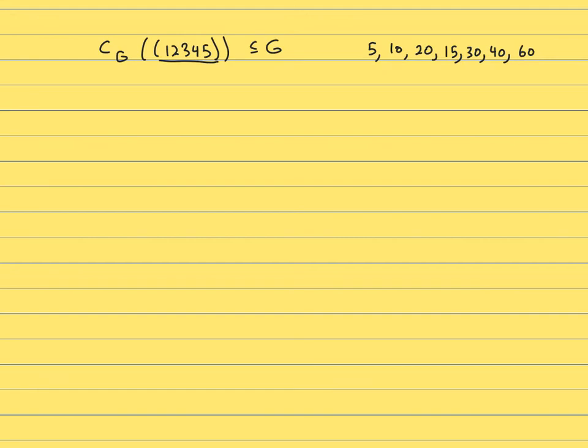Of course, as noted before, if you conjugate the cycle by any permutation, you're going to get this cycle. And if sigma is in the centralizer, then you better get the 5 cycle back.